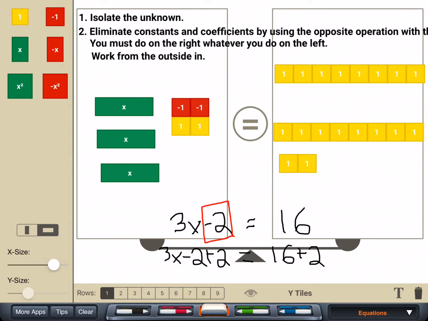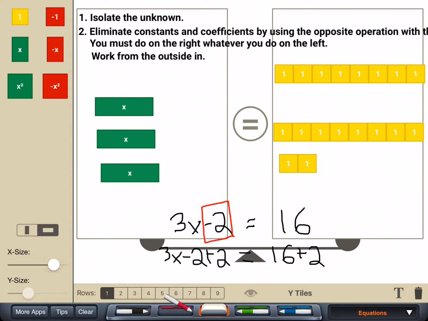So I'm going to simplify before I go to the next step here. So I'm going to simplify by making my 0 pairs. And when I make those 0 pairs, they go away. So we just saw it, that 2 negatives paired with 2 positives produce 0, and they disappear.